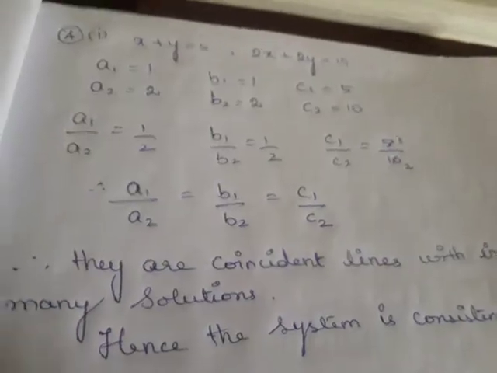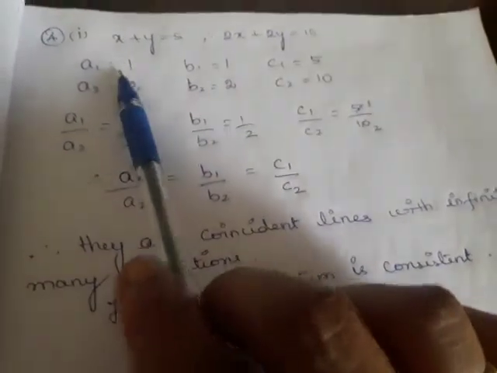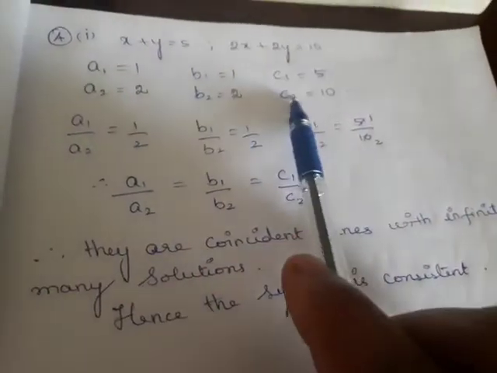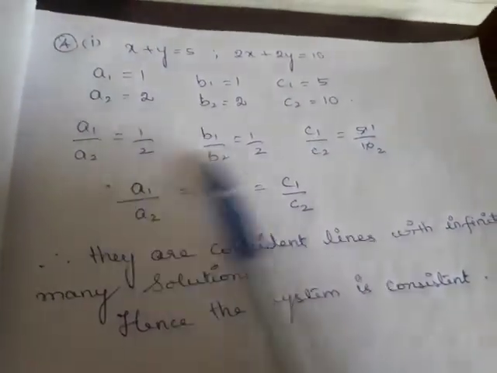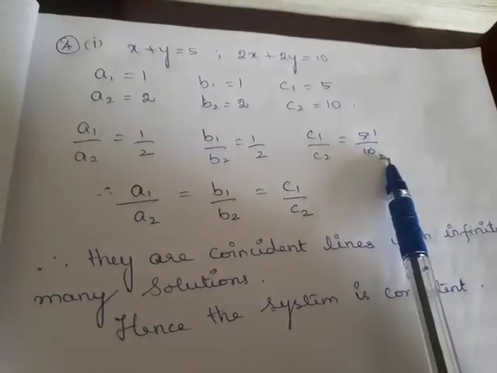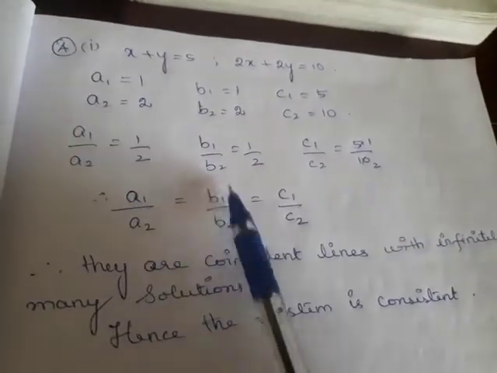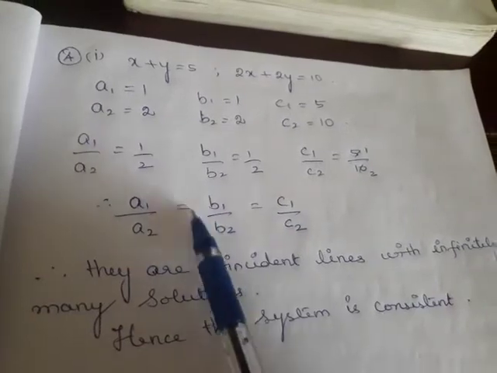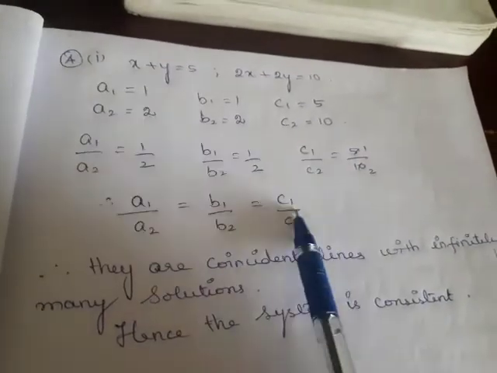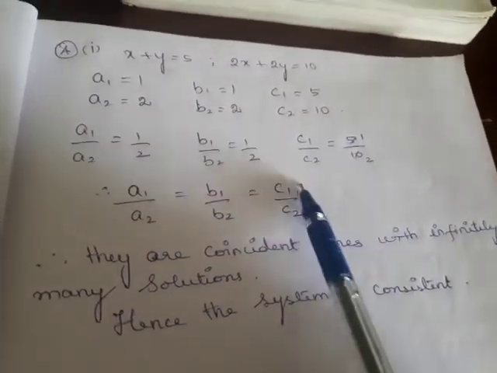Right? If you see the first problem, a1, a2, b1, b2, c1, c2 I have listed out and I have found the ratios, and after simplifying I found a1 by a2 is the same as b1 by b2. When it is equal only, I am moving on to the third ratio and checking that it is also equal.